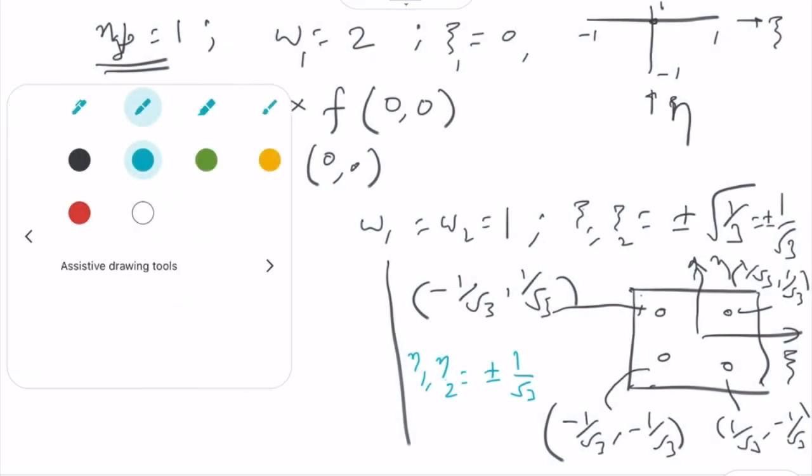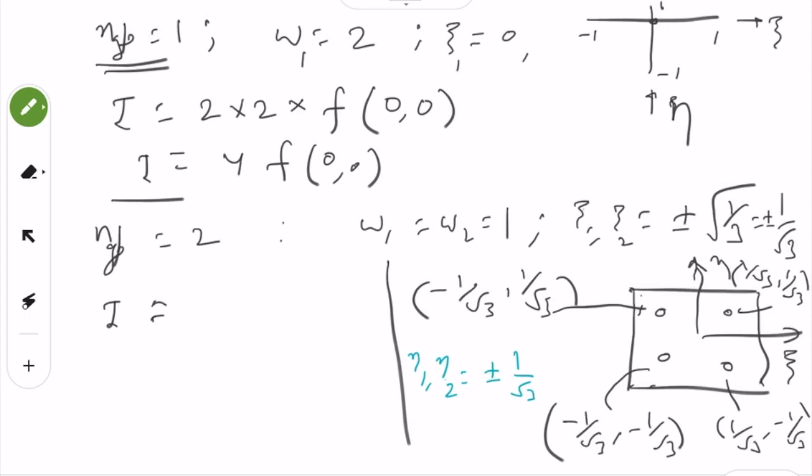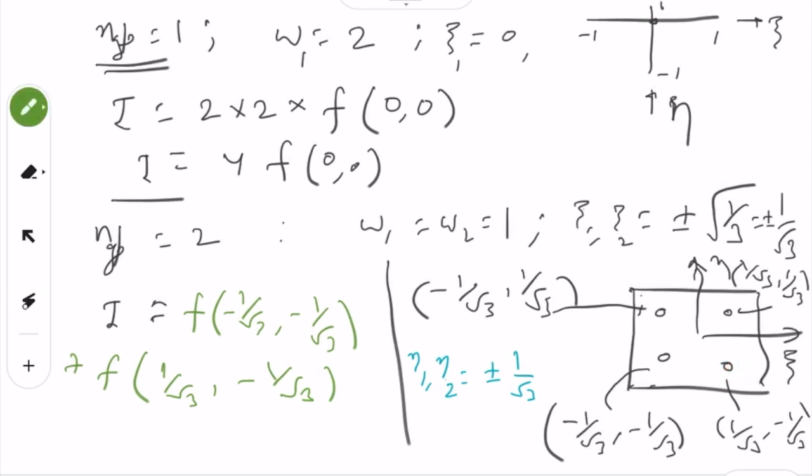So basically what it turns out to be, this I will be equal to simply W1, W2, all are 1, so I will not write 1, so I will just write f of 1 over root 3, minus 1 over root 3, minus 1 over root 3, this point, plus f of 1 over root 3, minus 1 over root 3, find this one, plus f of 1 over root 3, 1 over root 3, find this one, then plus f of minus 1 over root 3, 1 over root 3, and this is find this one.